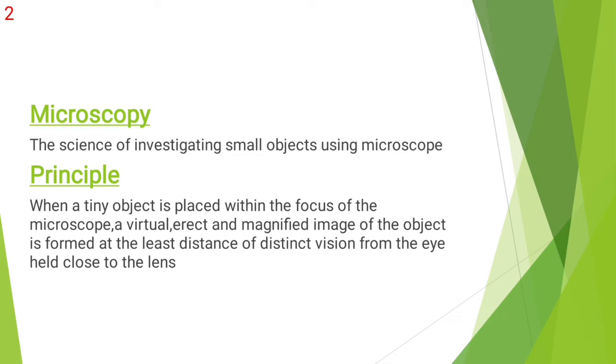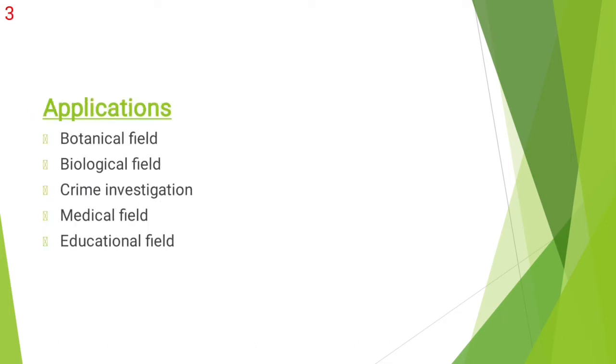Its principle is when a tiny object is placed within the focus of the microscope, a virtual, erect, and magnified image of the object is formed at the least distance of distinct vision from the eye held close to the lens. The applications of microscopes can be seen in various fields like botanical field, biological field, crime investigation areas, medical field and educational field.